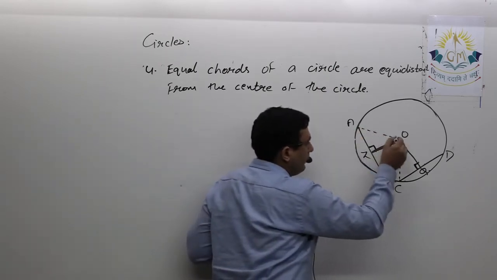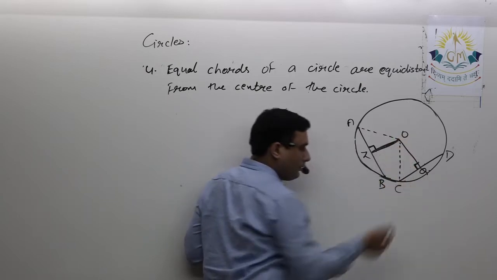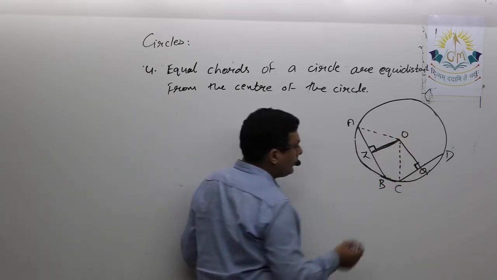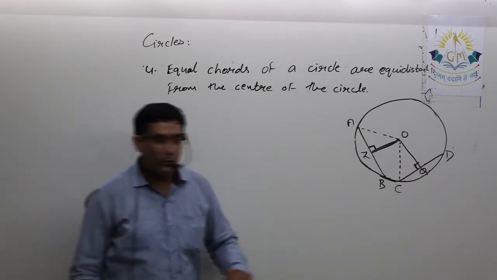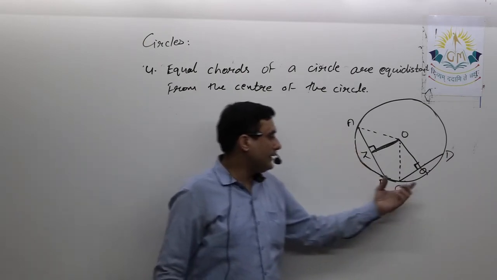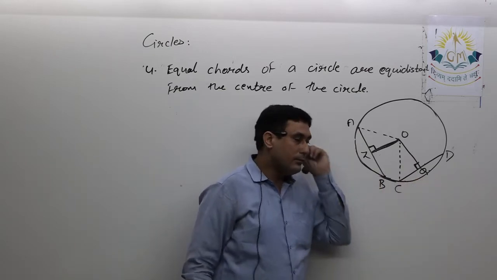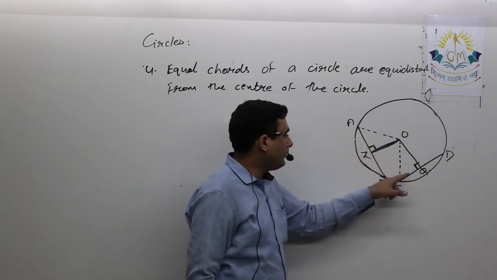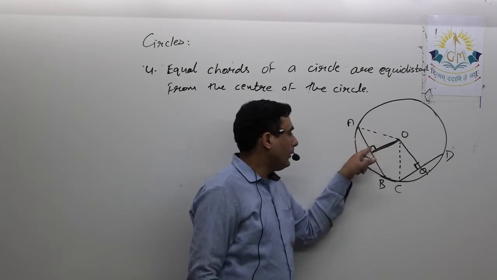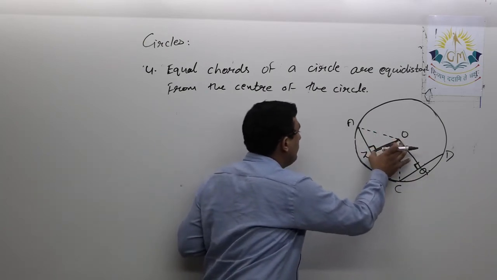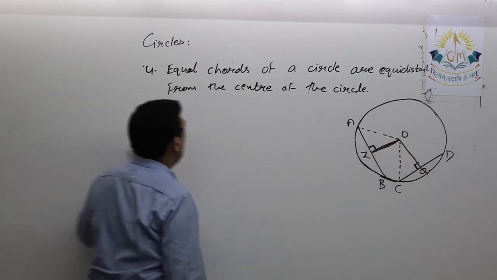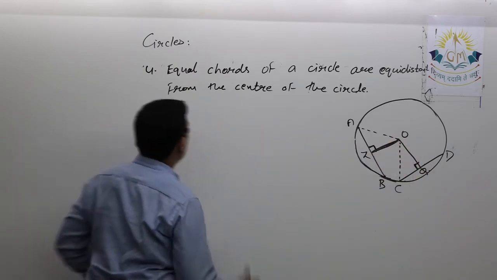Now it is given AB equals CD, so their halves are also equal. Half of AB is AZ, half of CD is CQ, so AZ equals CQ. So by RHS the triangles are congruent, and hence OZ equals OQ. Okay, so this is the way to prove this.